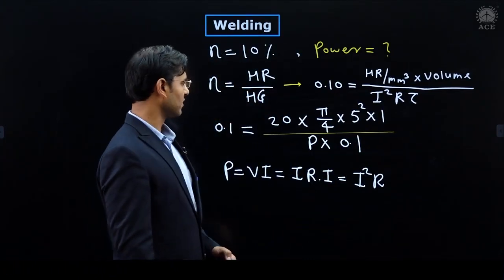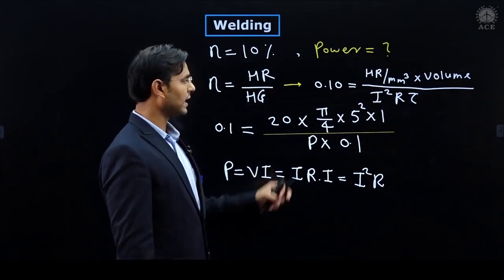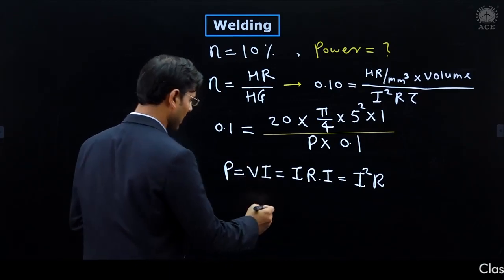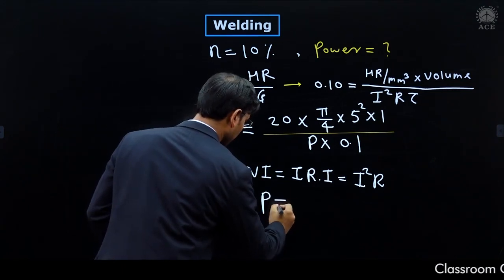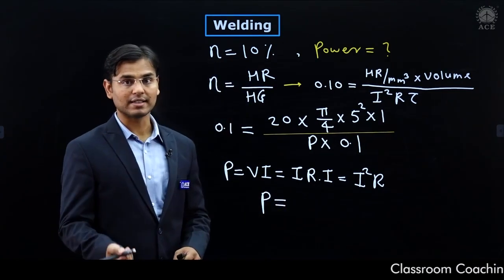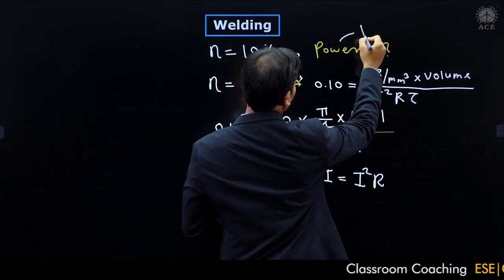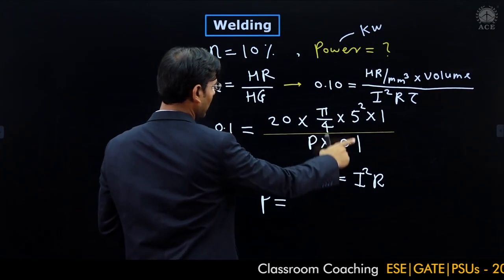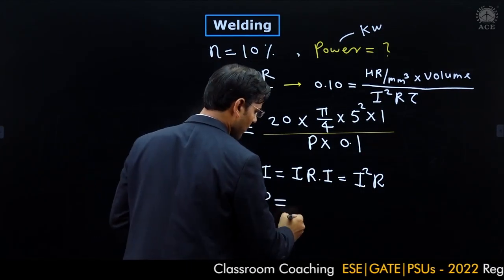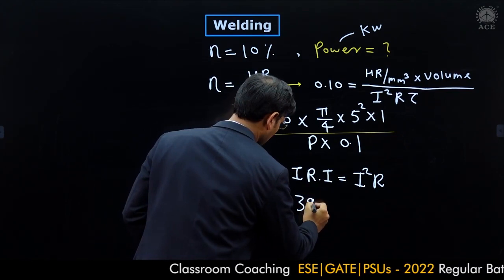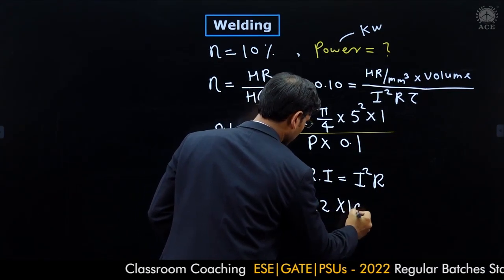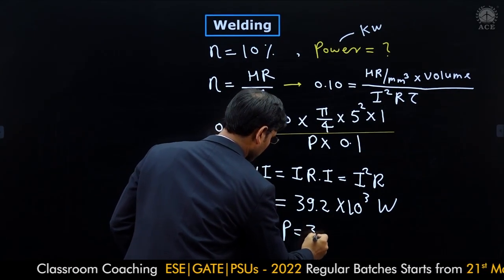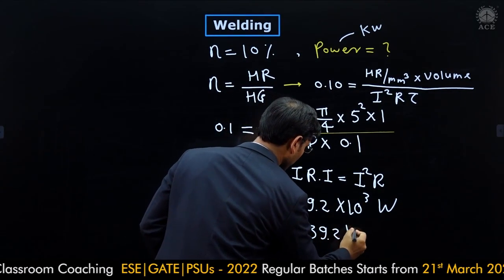And from here we are getting the value of power. I am writing this big value, but the power is asked in kilowatt. We need to write that value in kilowatt. After calculating all this, we get the value of power, that is 39.2 into 10 raised to 3 watt. Then power is equal to 39.2 kilowatt.